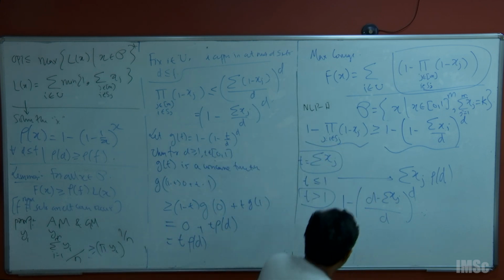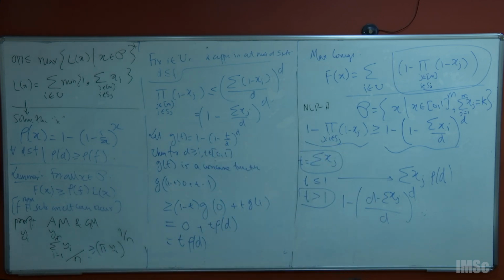What I have to show is that this quantity is something, right? My rho d is 1 minus... So all I want to show is that if t is greater than or equal to 1, then this quantity is already greater than or equal to rho d.